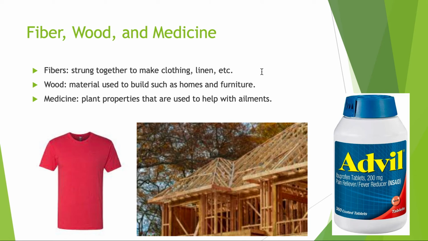Okay, so those are cotton, wool, things like that that are going to be spun together and put together to make a shirt. The desk that you are sitting at, or table or chair you're sitting on, most likely is made out of wood, which we learned is the stem, the trunks of trees and woody plants. Those are going to be used. Here you have structures being built by wood, as well as furniture, other things as well.